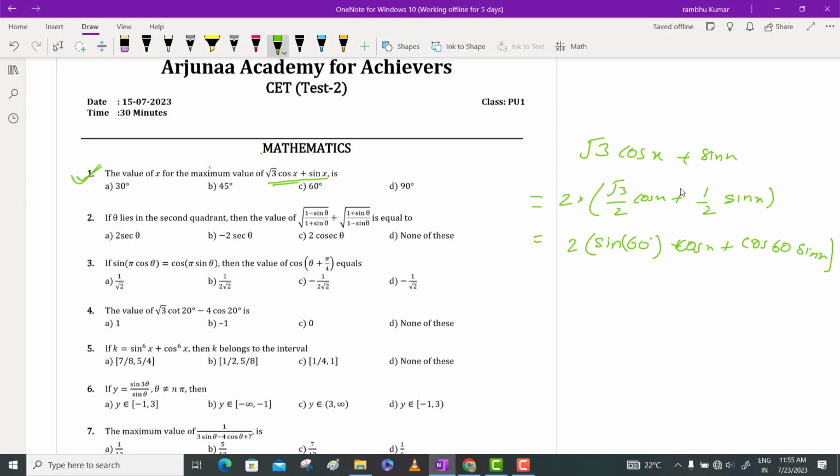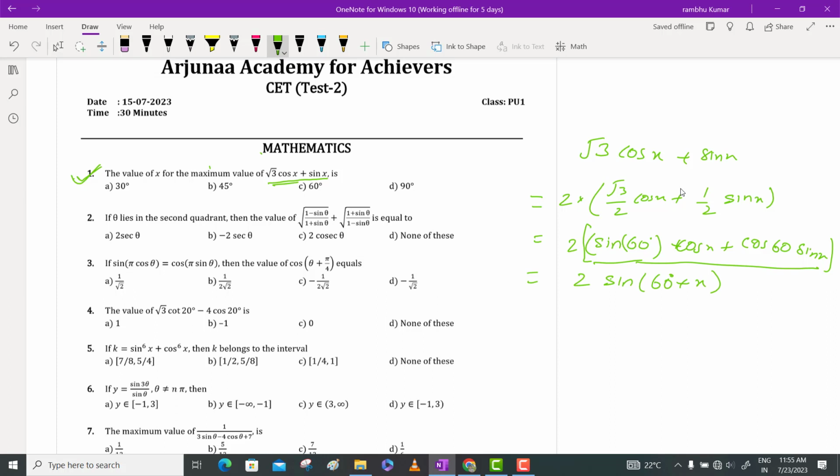Now if you see here, we can write this whole given expression till here as 2 sin 60 plus x. Got it? Okay, now till here this is clear.